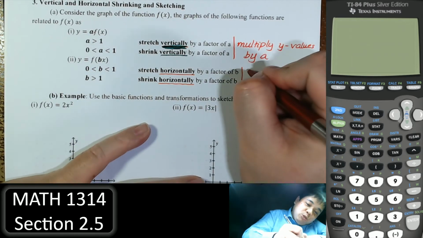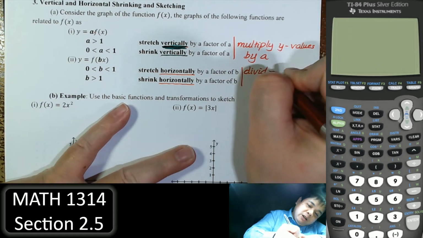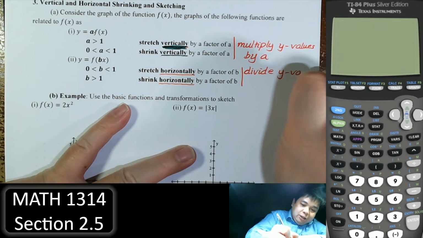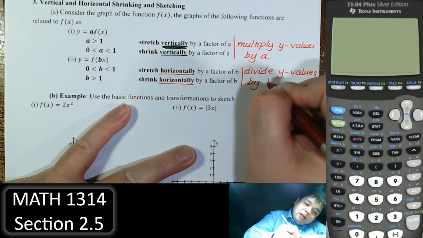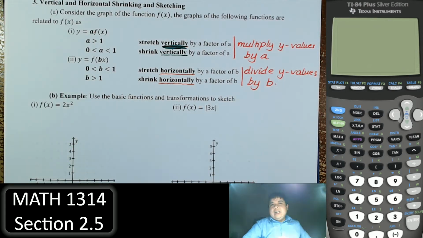Instead of multiplying, it is divided: divide x values by b. Right, so it works in the reverse manner.